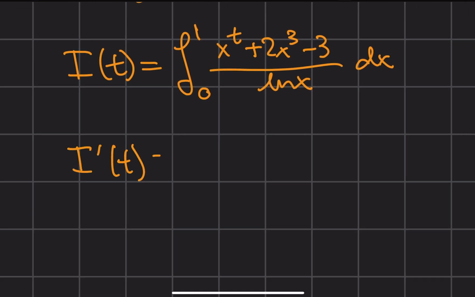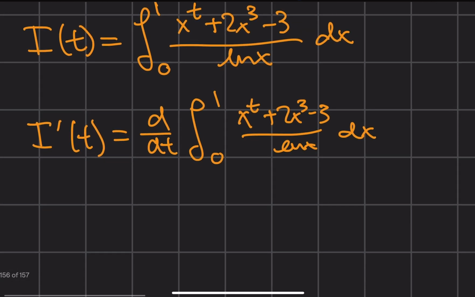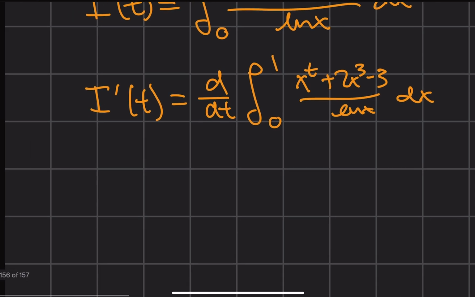We'll get I prime of t, the derivative of the integral from 0 to 1 of (x^t + 2x^3 - 3) over ln x dx. What do we do from here? Notice we have no problems with convergence in our integrand, so we can flip our integral and derivative operator. So let's go ahead and do that.